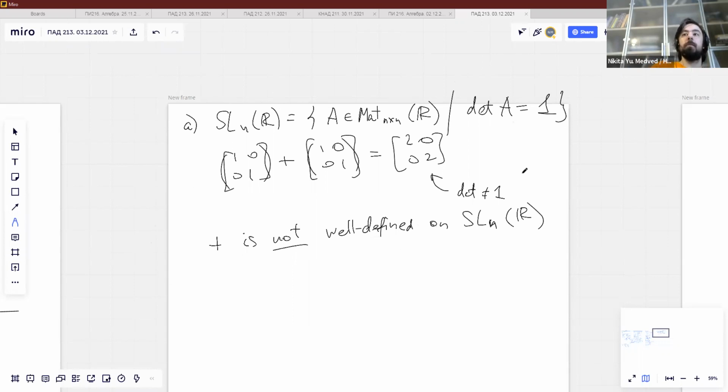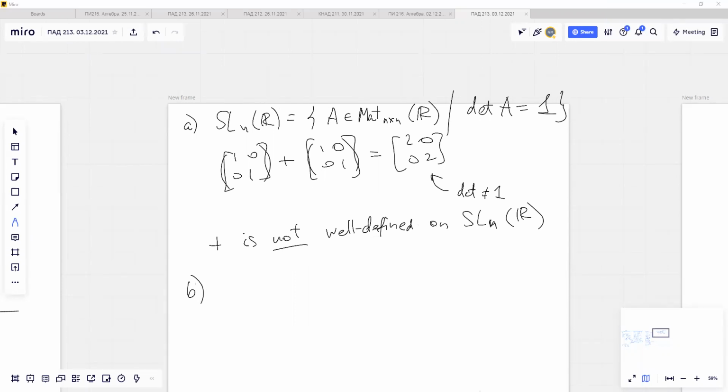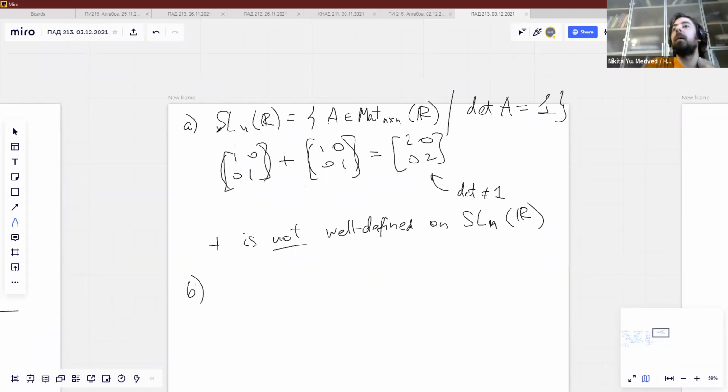Any questions? This is an important example. What can happen when something is not a vector space? Can you repeat what is SL? What is SL? Again, this is simply a notation. I didn't really explain it, but this set we are talking about is denoted by those letters for some reason.